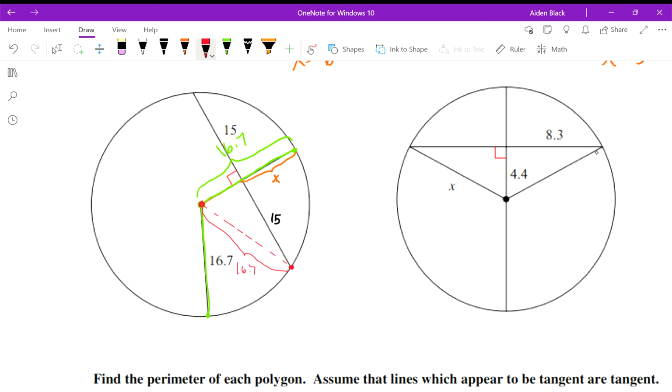So really, let's say this side of this right triangle is called b. We know this side of the right triangle is 15. And then this side of the right triangle is 16.7.